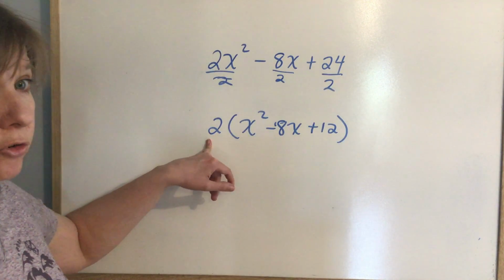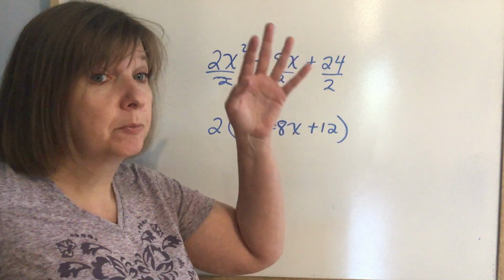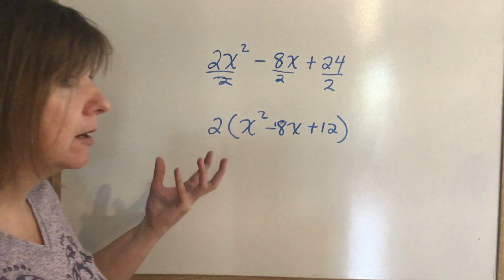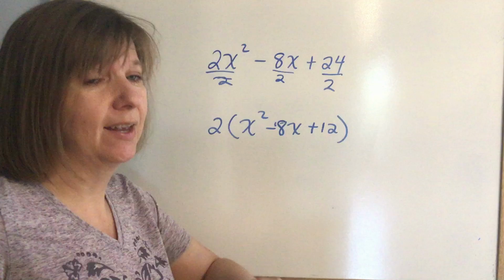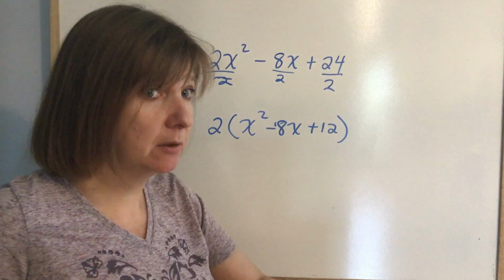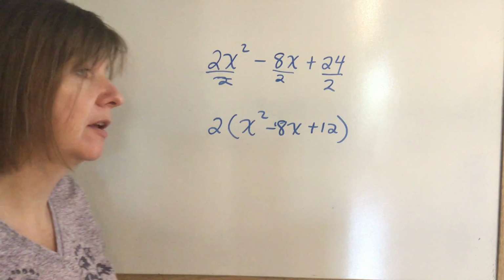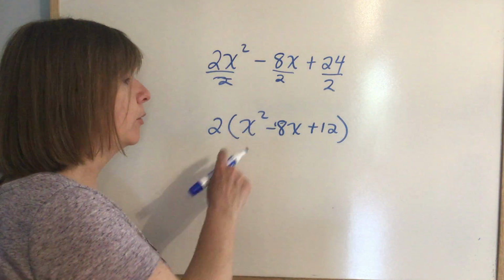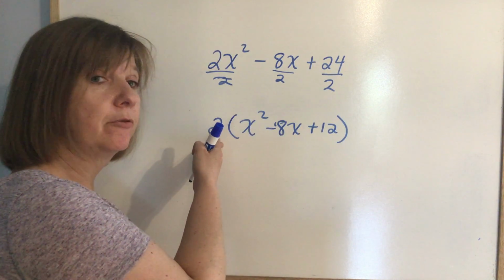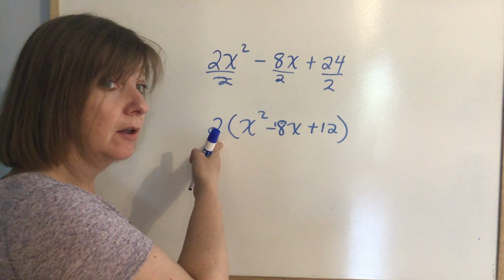So this is actually already at least partially factored. If you break it apart at all, it's at least partially factored. It might not be completely factored, but it's at least partially factored. So if it says factor, and all you can do is take a common factor of 2 out, that's possible.